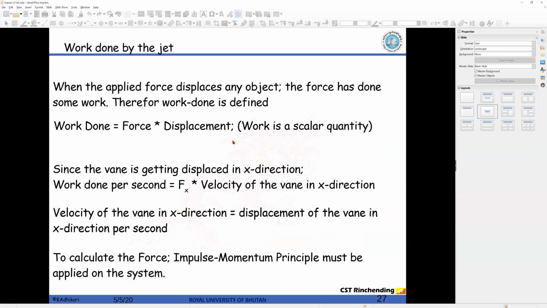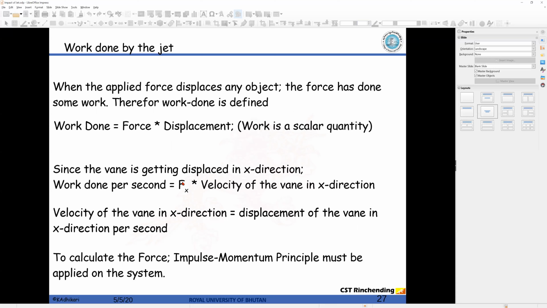The important thing to understand here is the work done by the jet. Work done is, in fact, the force times the displacement. In our case what we have used is force times the velocity. The thing is, we are not just calculating work done, we are calculating work done per second. There's a difference between work done and work done per second.